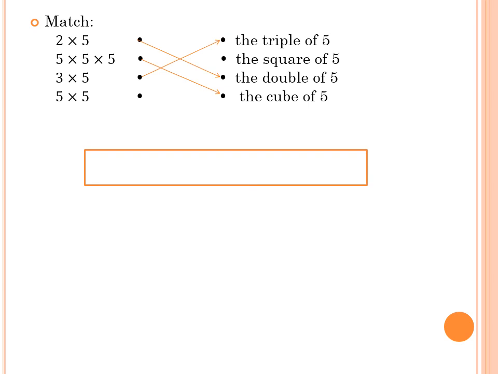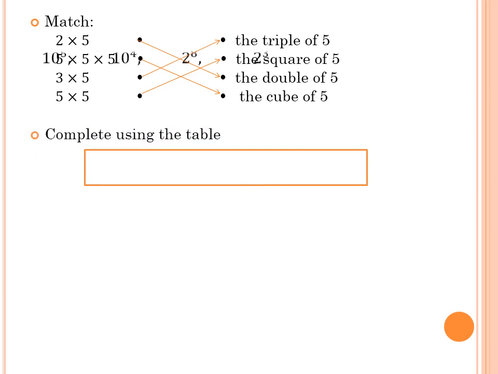While 3 times 5 is the triple of 5, 5 times 5 is the square of 5. For simplicity, the double is to multiply a number by 2, the triple to multiply a number by 3, the square of a number is multiplying by itself 2 times, while the cube of a number is to multiply by itself 3 times.